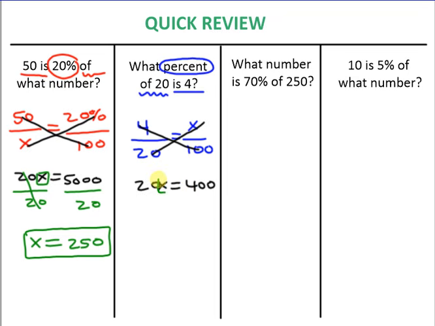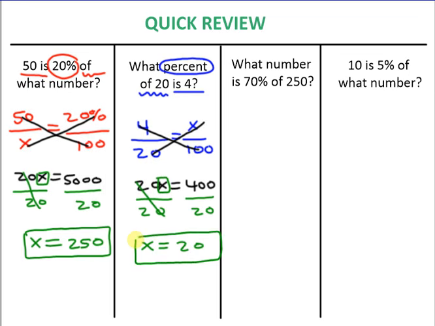So we're going to box our variable, divide by 20 on both sides. These cancel, and we're left with x equals 400 divided by 20, which is 20. And so in this case, our answer is 20%.